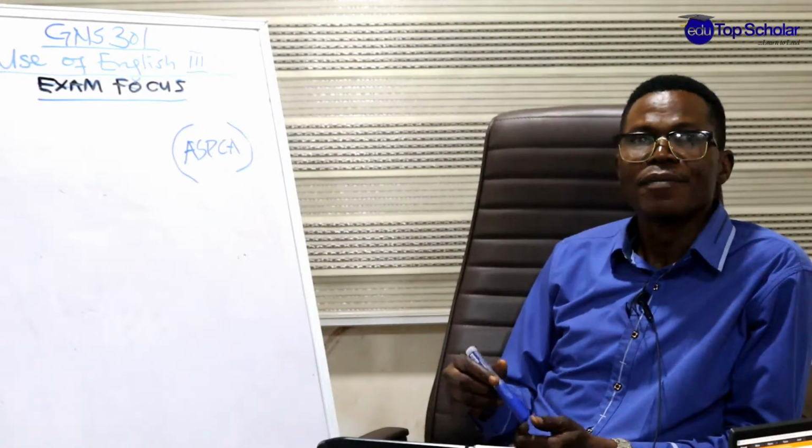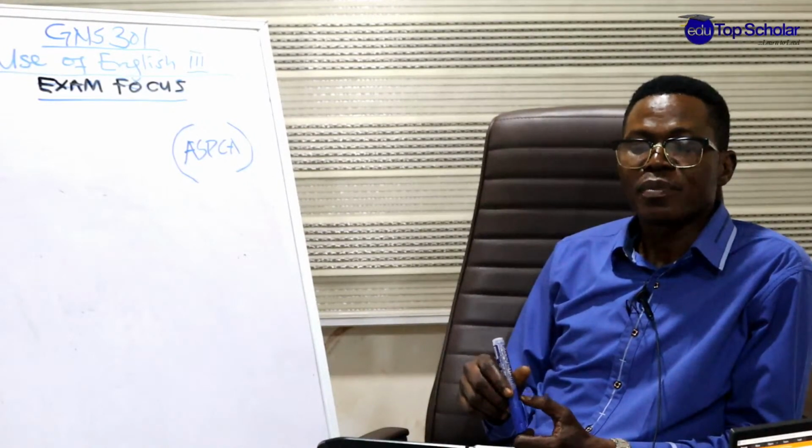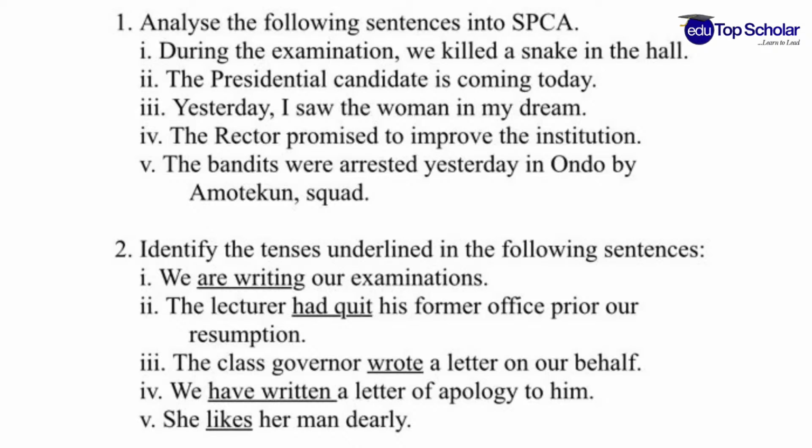A snake, then a snake is... Okay. I want to change this marker to black so that you can see it clearly. So we have A, S, P, C, A.